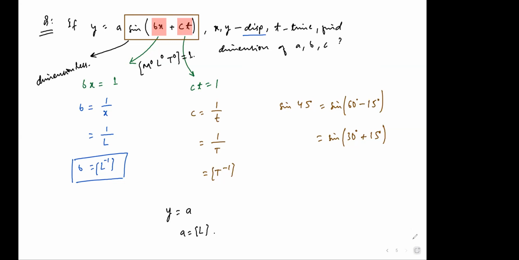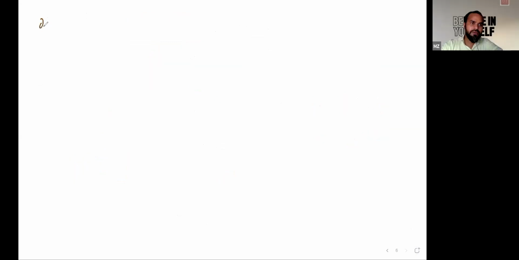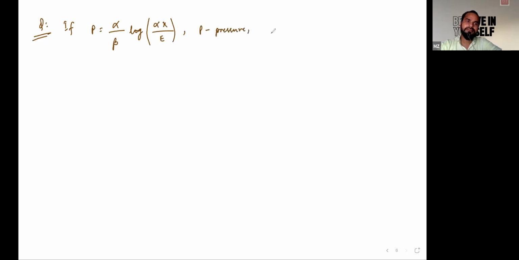I'm giving you one more problem. If P is equal to alpha divided by beta times log of alpha times x divided by E. In this expression, P is pressure, x is displacement, and E is energy.